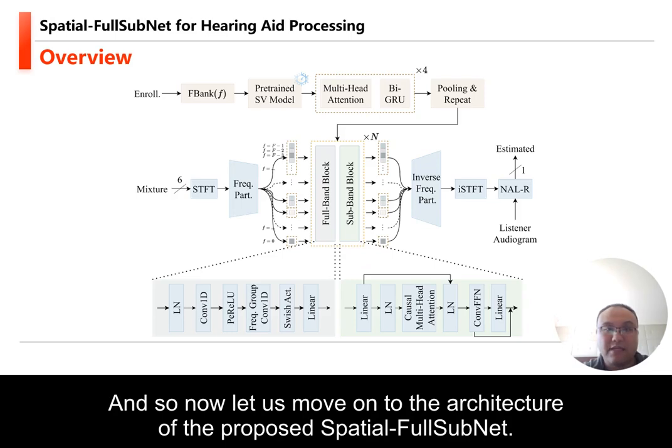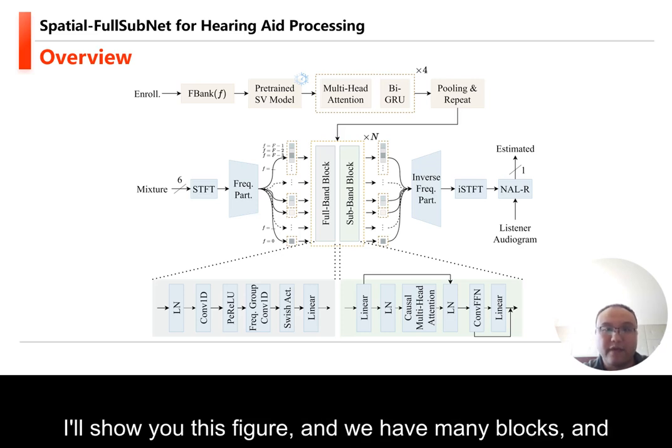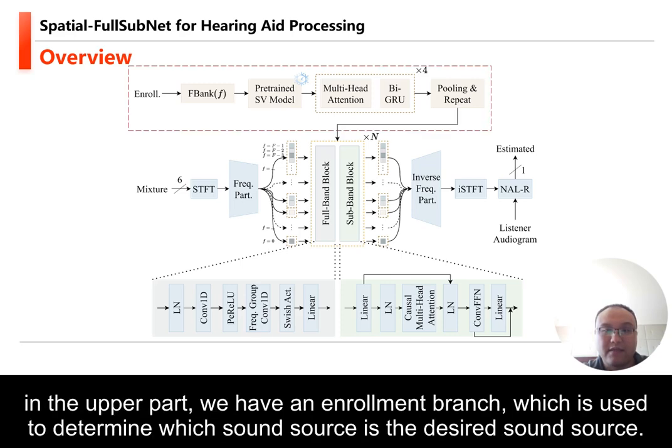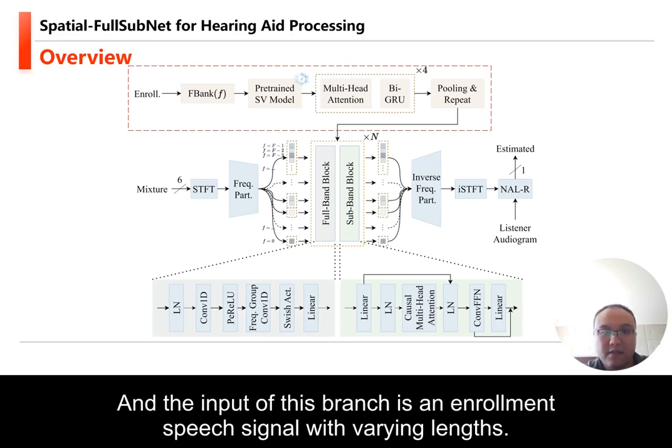Now let us move on to the architecture of the proposed Spatial Full Subnet. As shown in this figure, we have many blocks. In the upper part, we have an enrollment branch, which is used to determine which sound source is the desired sound source. The input of this branch is an enrollment speech signal with a varying length.